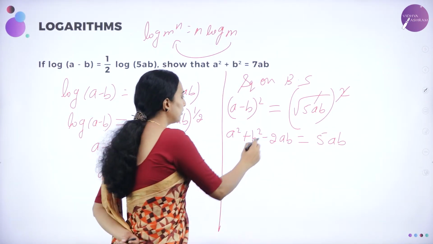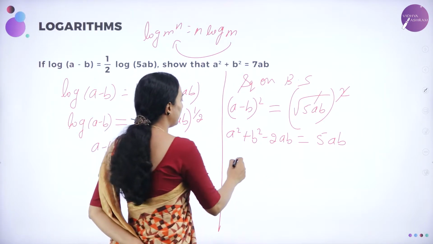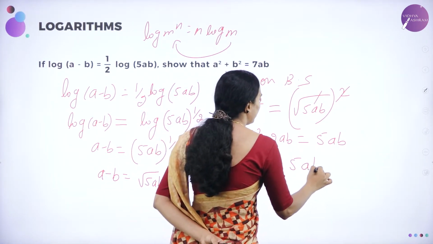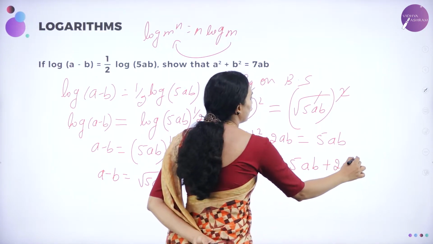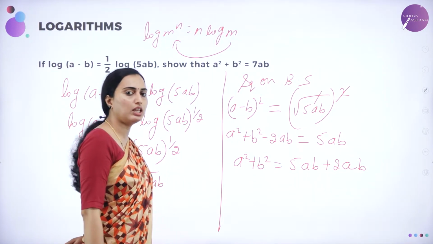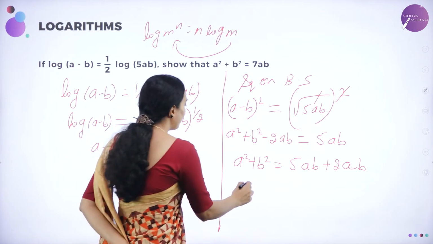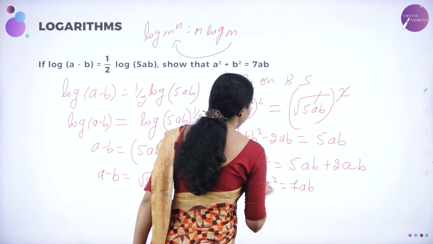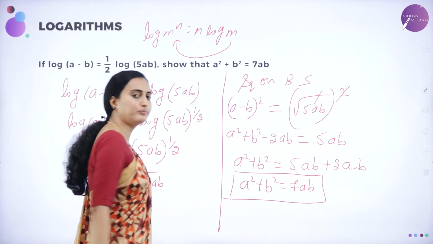Now let me take minus 2ab to that side. It will become a squared plus b squared is equal to 5ab plus 2ab. What is 5ab plus 2ab? Which is nothing but 7ab. So therefore, a squared plus b squared is equal to 7ab. That is your answer. Right?